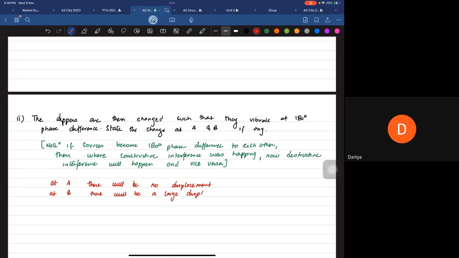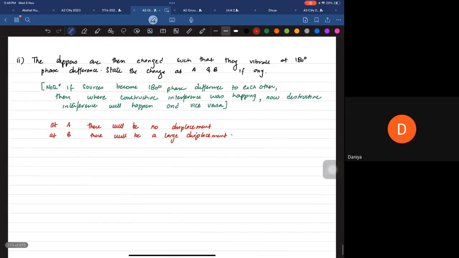So you got to flip the answers because they have also flipped the phase of both dippers. Understood? Yes, sir. Write it down, please. Then we're going to answer the third part of this.